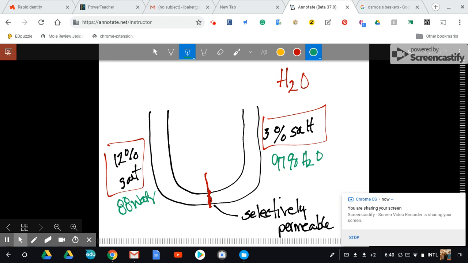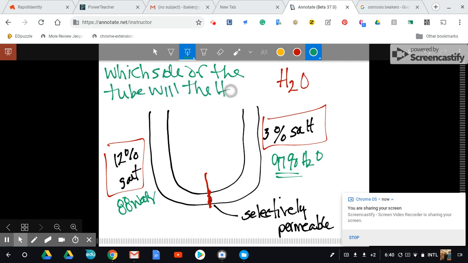So when you're looking at this, where's the bigger amount? On this side. If I asked you the question, which side of the tube will the water level rise? This is your higher concentration of water, meaning that it's hypotonic.